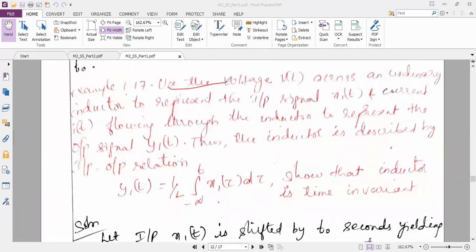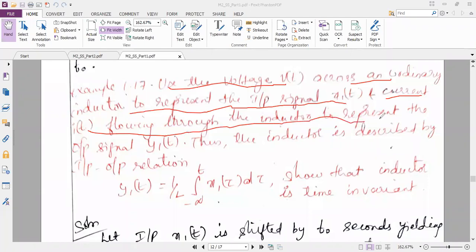Use the voltage V of t across an ordinary inductor to represent the input signal x1 of t and the current I of t flowing through the inductor to represent the output signal y1 of t.